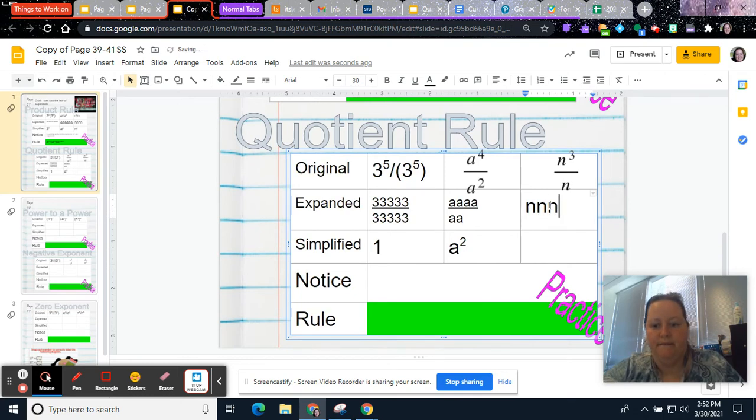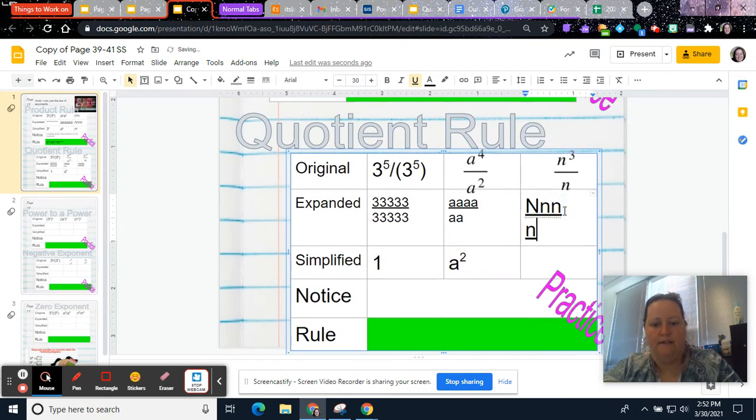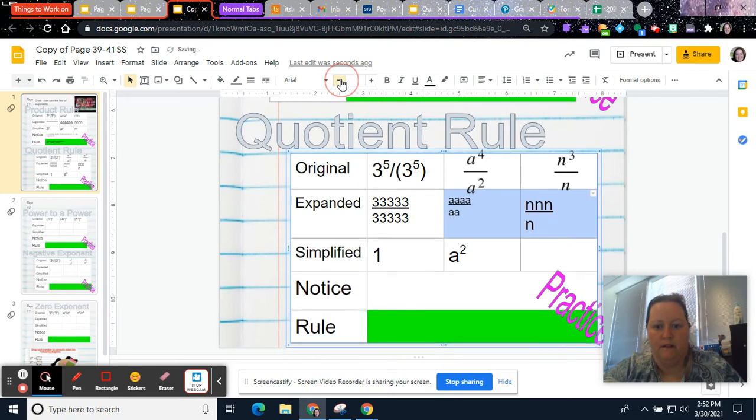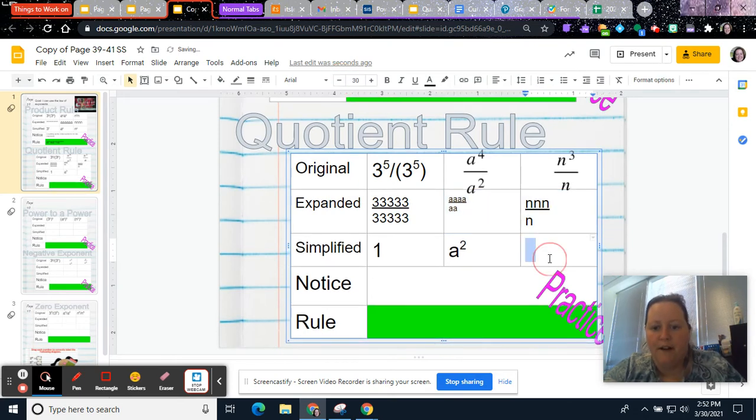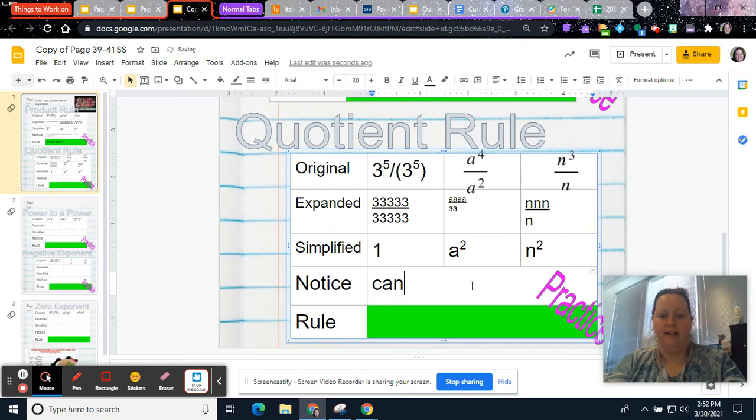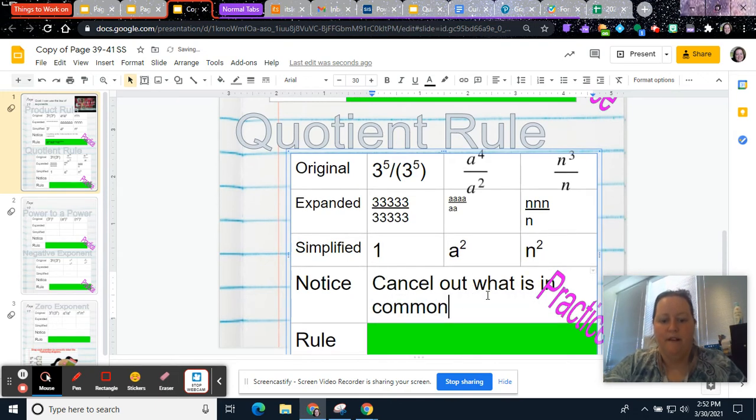N times n times n divided by n. And then you would have one of these n's cross out and you would have 2 of them left. So this time what I want you to notice is you cancel out what is in common.